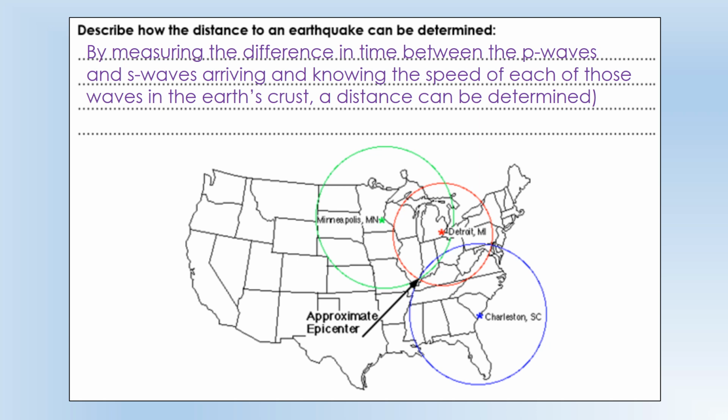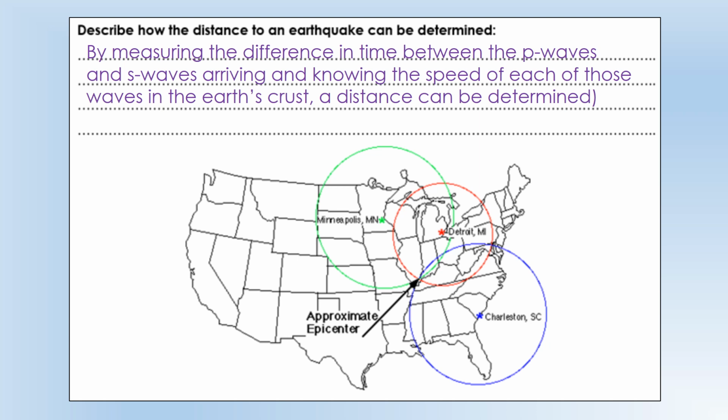So what you're seeing on this diagram are three locations we are taking measurements in. So let's say we're in Minneapolis, we measure the time difference. That allows us to know how far away the epicenter is, but it doesn't allow us to know where the epicenter is. All we know is the epicenter is somewhere on the perimeter of that circle.